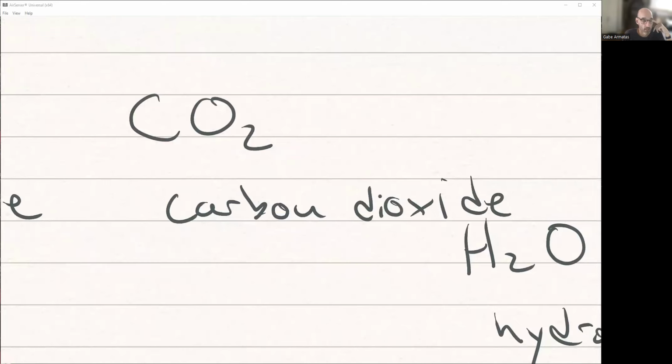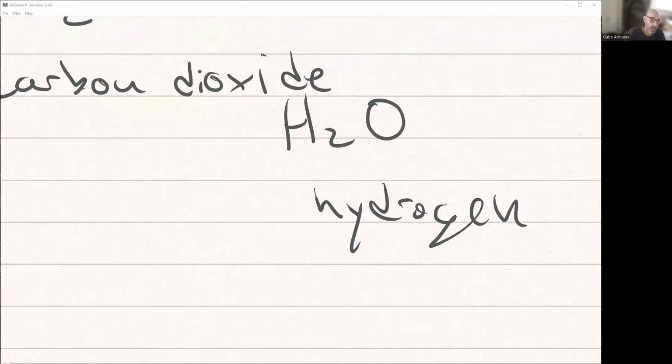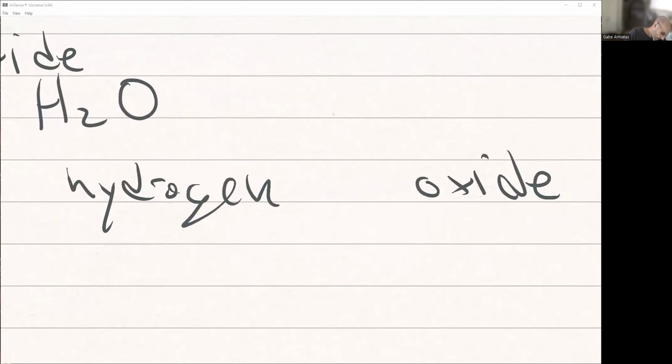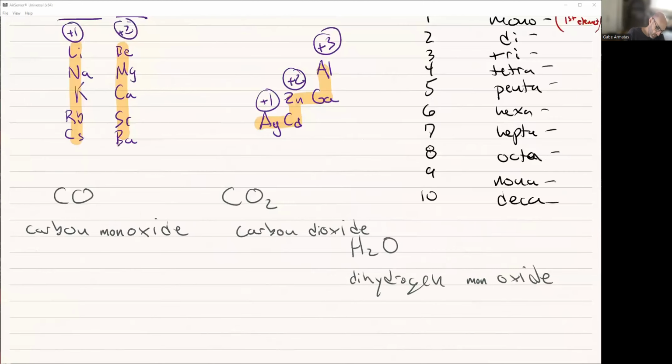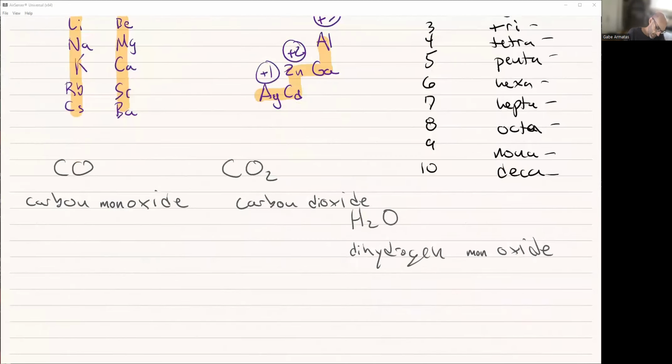Everyone should know that. Okay, 2 oxygens present. And then H2O, named properly, becomes dihydrogen monoxide. Okay, dihydrogen monoxide. There should be no space between that MON and the O, but dihydrogen monoxide. That's how we name them. They get their prefixes with that one exception, no mono for the first one. And that's pretty much it.